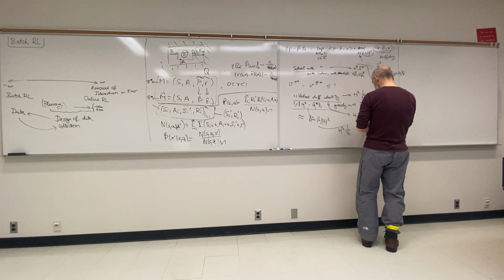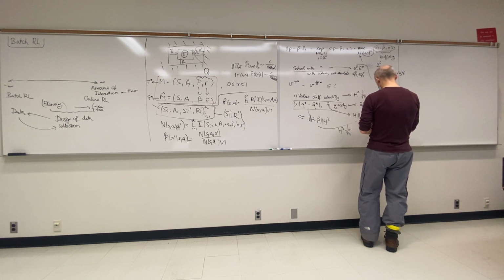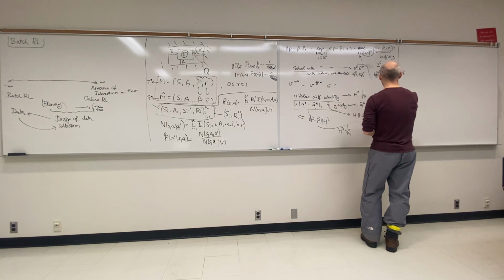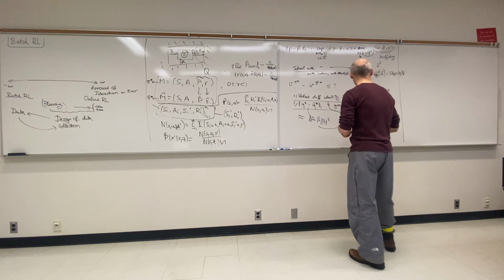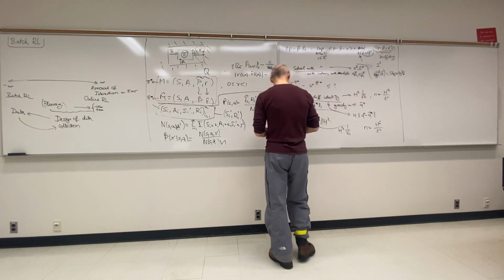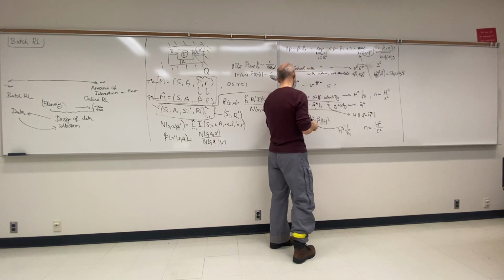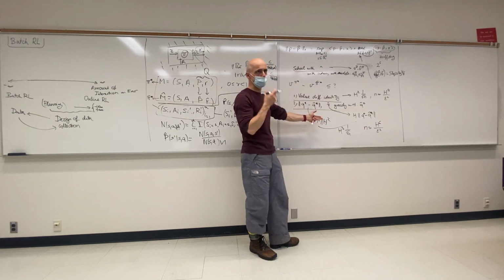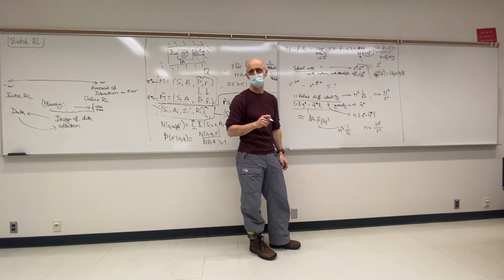And so the critical sample size that comes from here is something like this. And here it's something like this, sorry, to the power of 4. And so we see that this has one more step, one more triangle inequality or something.